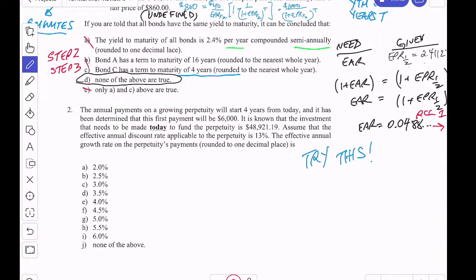Let me know where you get stuck, if you have difficulty.